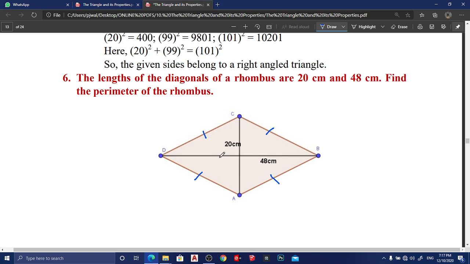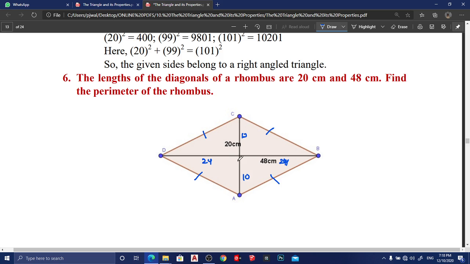They will cut into equal parts when they intersect each other. Since it is a 20 centimeters diagonal, this part will become 10 centimeters and this part will become 10 centimeters. Since it is 48 centimeters, this part will become 24 centimeters and this part will become 24 centimeters, because they bisect each other.